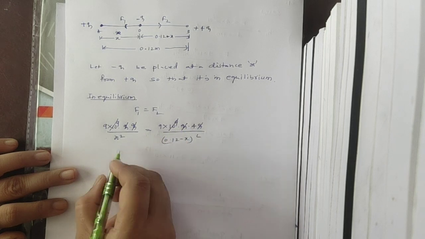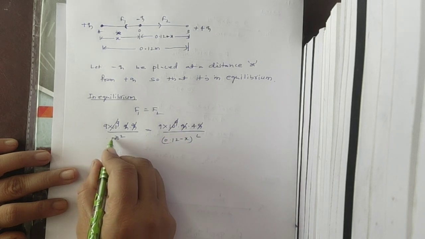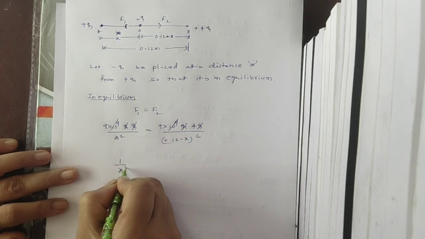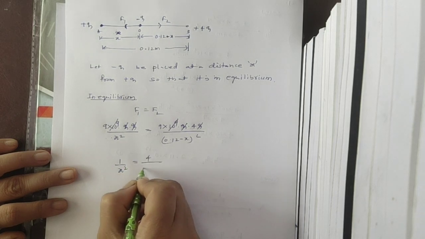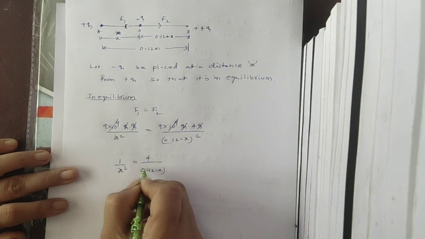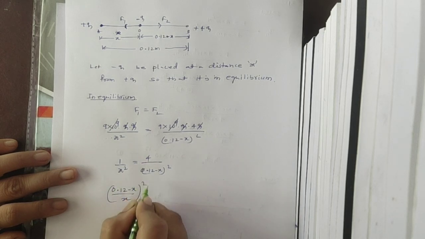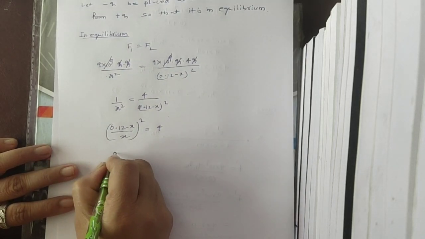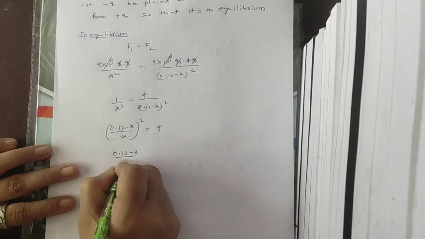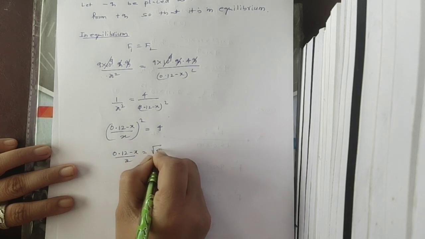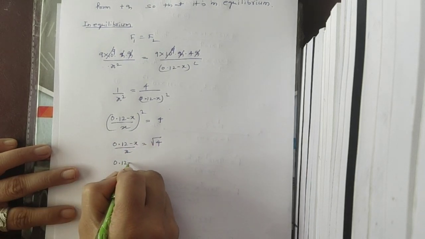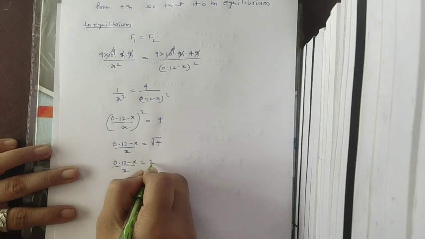Okay, so I take here 1 divided by x square equal to 4 divided by 0.12 minus x whole square. You take this side. 0.12 minus x divided by x, this whole square equal to 4. Taking the square root, 0.12 minus x divided by x equal to square root of 4, which is 2.